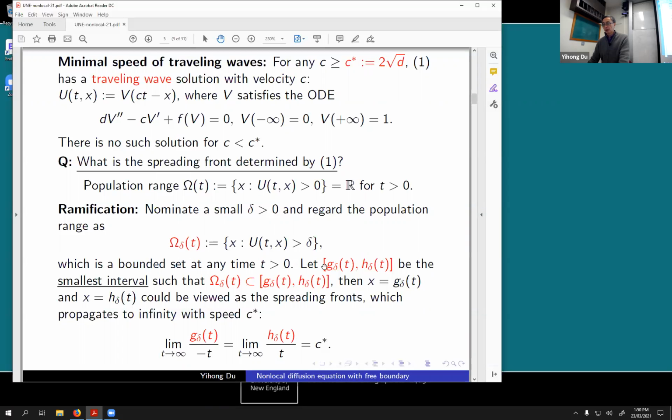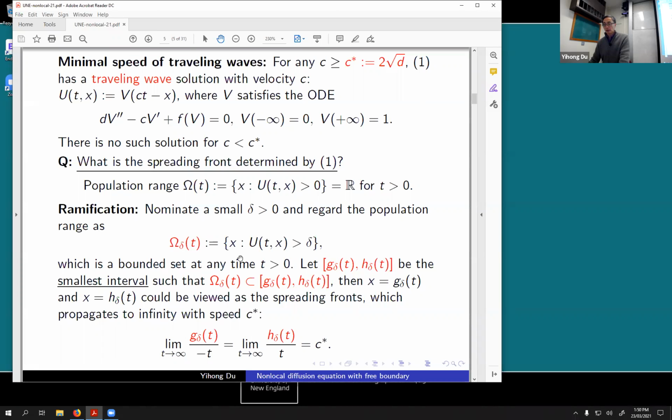And we let this be the smallest interval containing this set. Of course, this set may not be an interval, but because it's bounded, we can find such a smallest interval to contain it. And then use the endpoints of this interval to represent the spreading front.